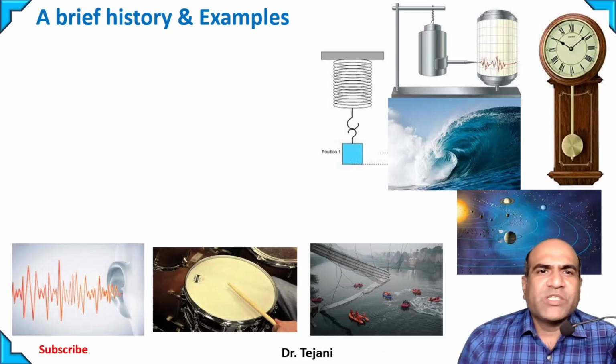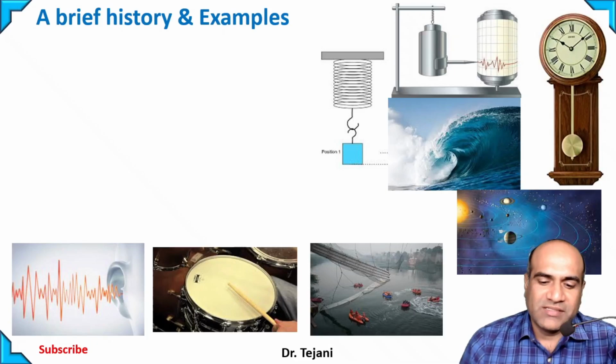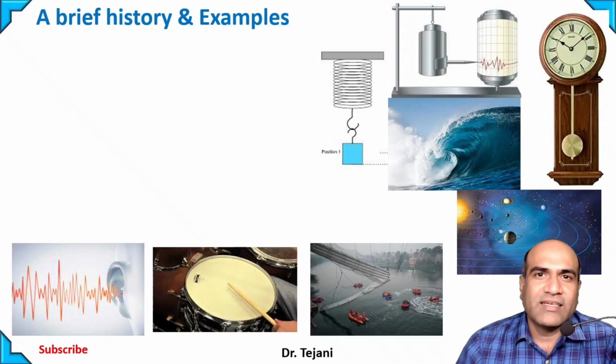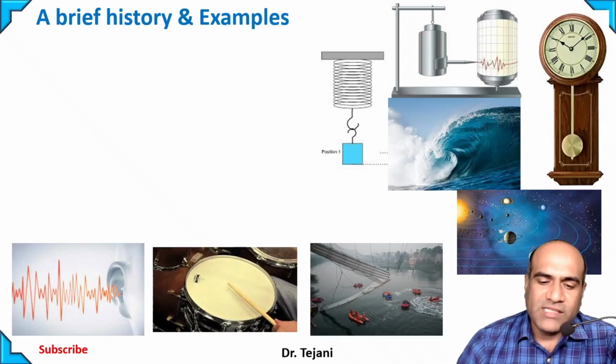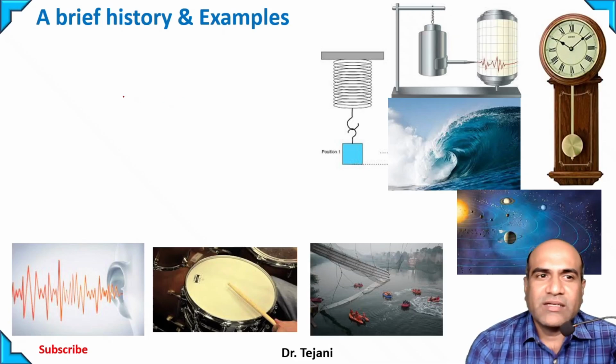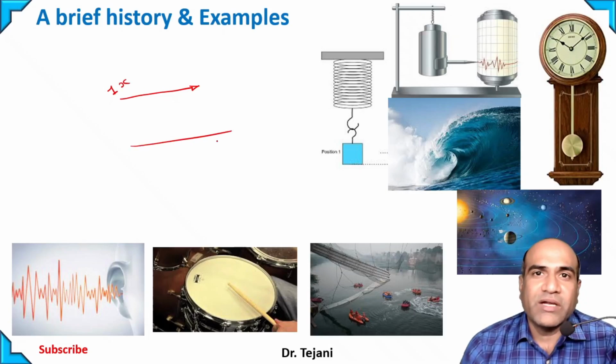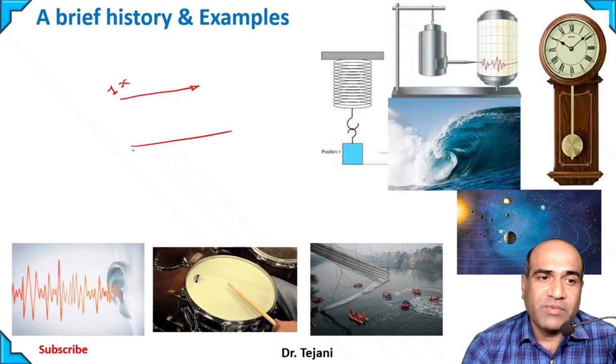Now a brief history of simple harmonic motion, or you can say oscillation, and the various examples. You can see all these colorful pictures that are various examples of simple harmonic motion. We initiated with one-directional motion, movement in a single direction only, like a vehicle or a car, or then maybe a two-dimensional movement.